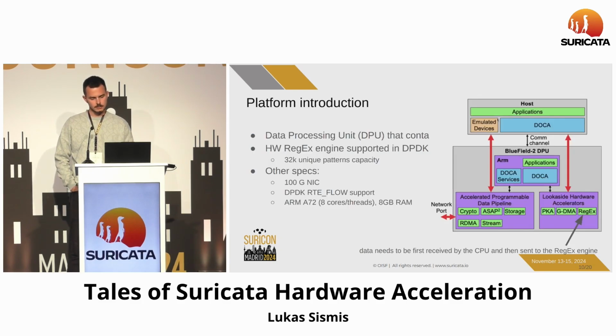And from the host, you can only send packets back to the RegEx engine if you want to use it. Other specs of the card: it is a 100 gig card, supports DPDK, RT-Flow, and has ARM.